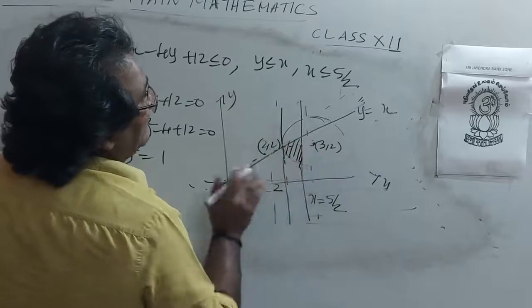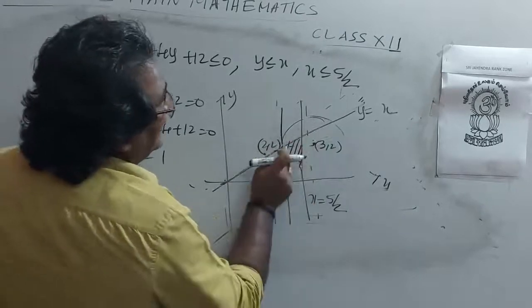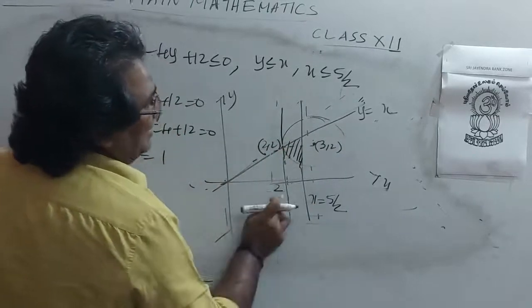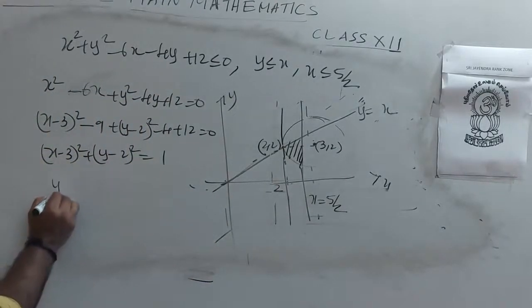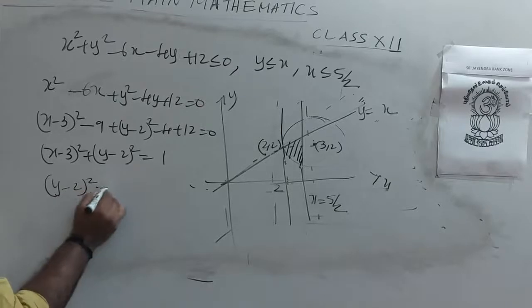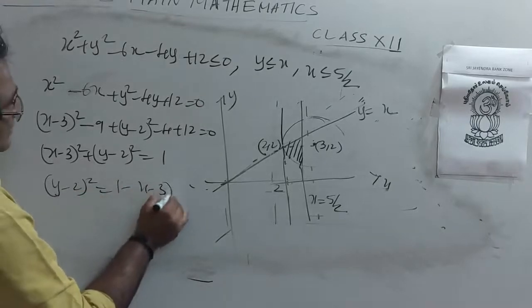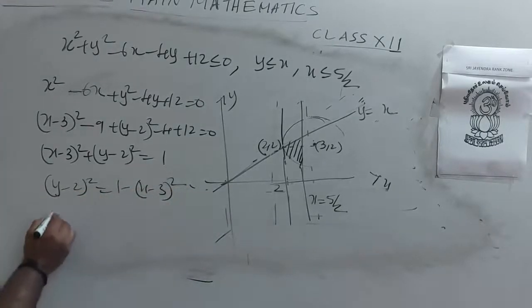This area means the area between the line and this curve between 2 and 5 by 2. The curve can be written as (y minus 2) whole square equal to 1 minus (x minus 3) whole square.